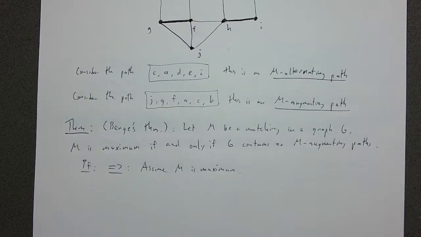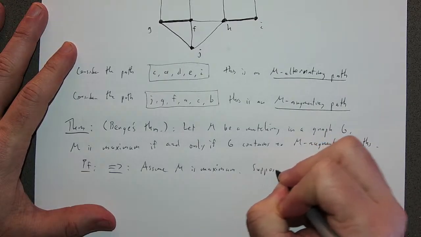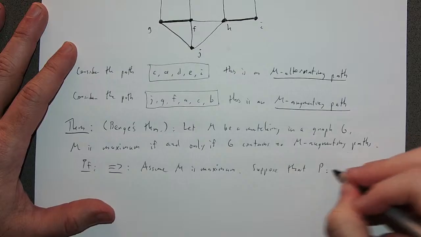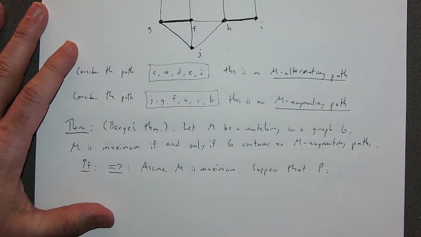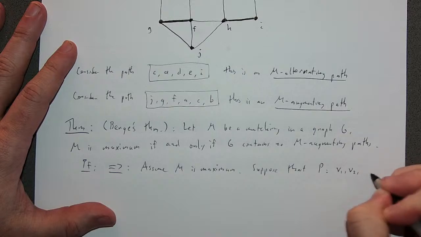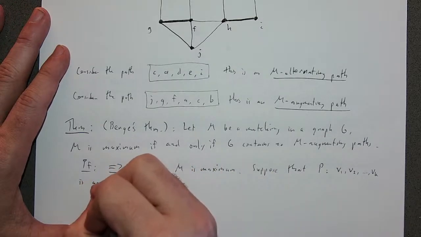Okay, suppose that P, which I'll say is a path indicated by vertices v1, v2, and so on to vk, is an M augmenting path.